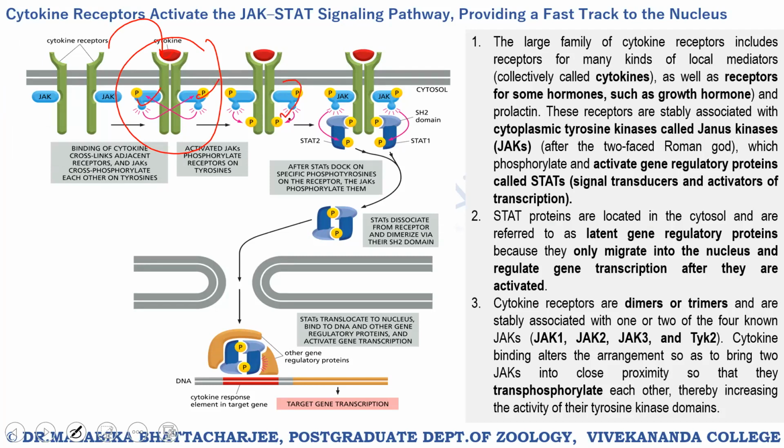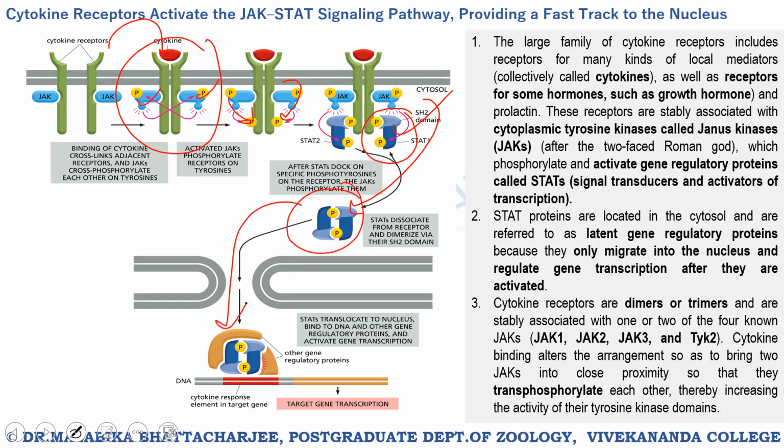They in turn phosphorylate the tyrosine residues on the receptors. You can see that the STAT molecules then associate with the phosphorylated tyrosine residues via their SH2 domain. The STAT monomers are activated, they come out from the receptor and dimerize via their SH2 domain.